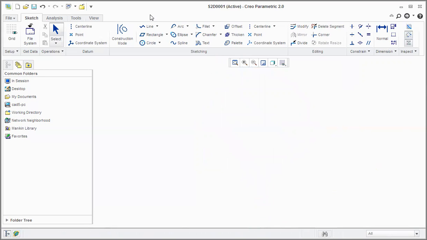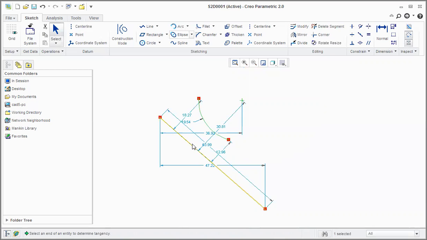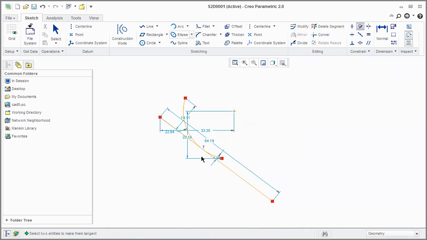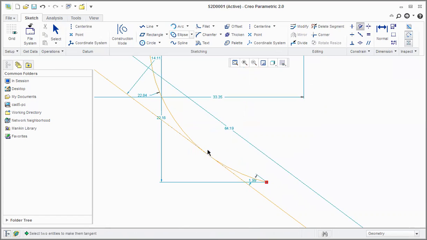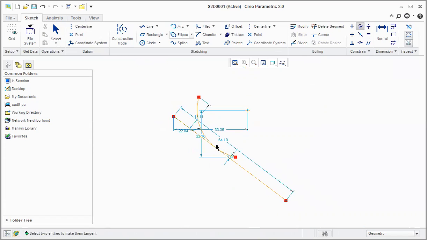This is similarly used for an arc. Suppose this is a 3-point arc, and you want this line tangent to that arc, then again use the tangent constraint. Just click on the arc and click on the line, then they become tangent to each other. So let's see this tangent point. The line passes through the tangent point on that arc.